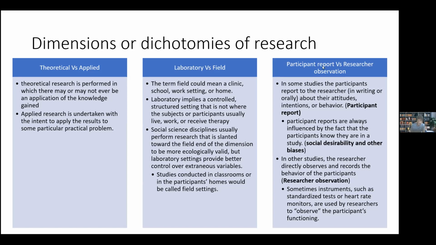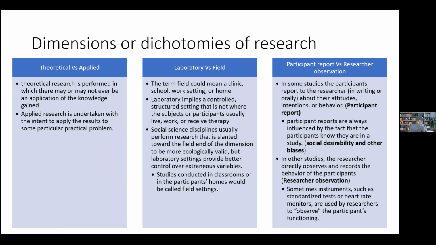And thirdly, we have participant report versus researcher observation. If we ask someone to report their own feelings or their own behavior, that is called participant report. Say you have 50 participants in your research study, and you give all of them a questionnaire, and they respond on a Likert scale or yes or no to particular statements.